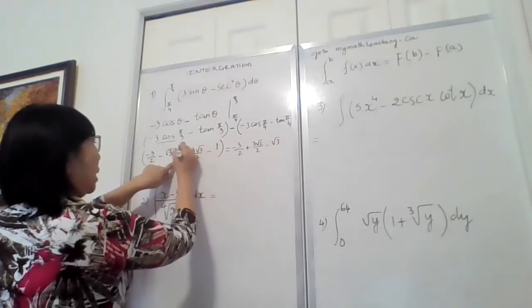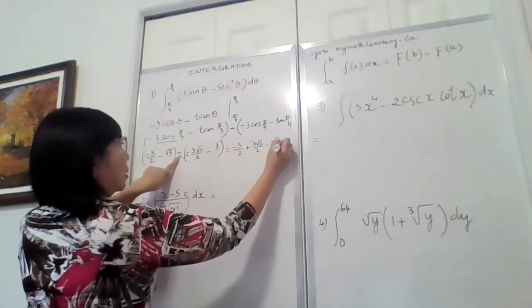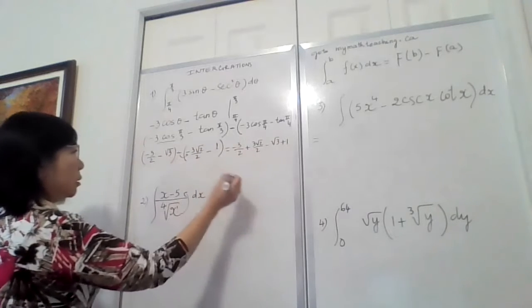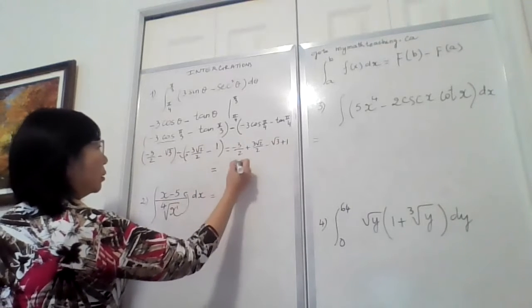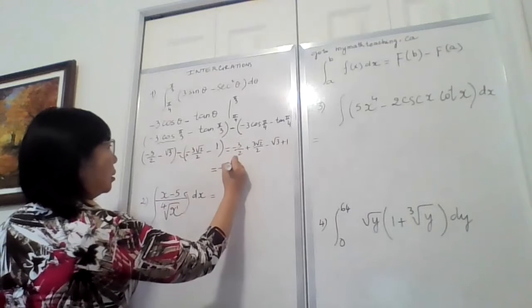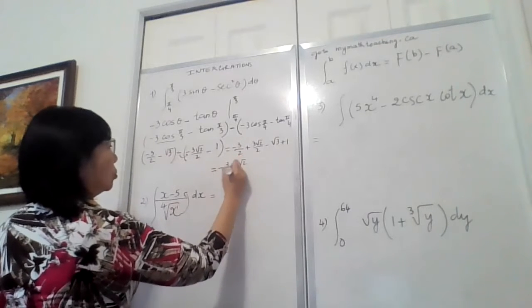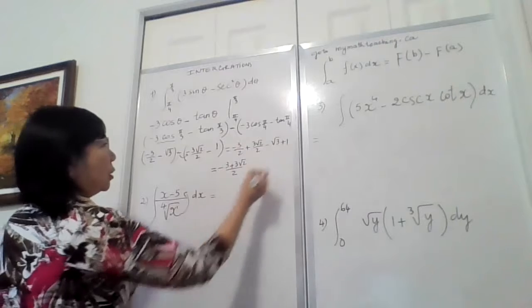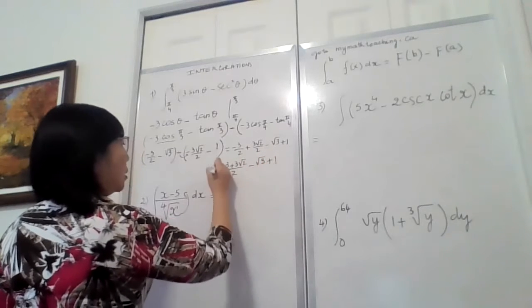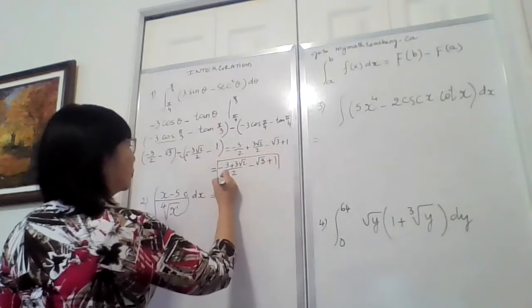And this is minus times minus, which is plus 1. So let's write it in a decent way. That will be equal to minus 3 plus 3 square root 2, all of them over 2. And we can leave it for now. That is our answer.